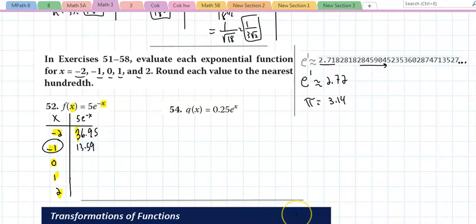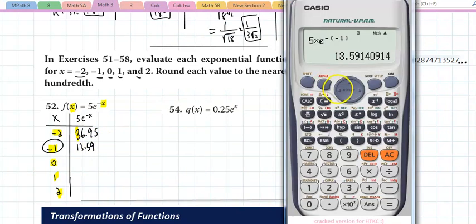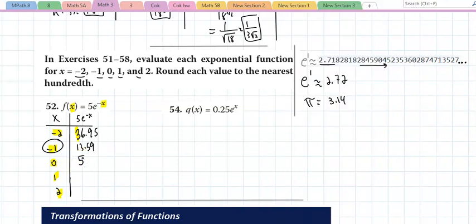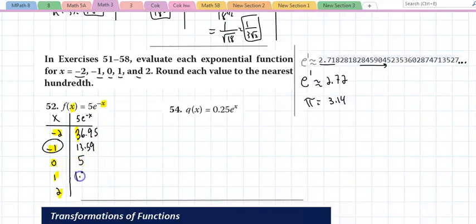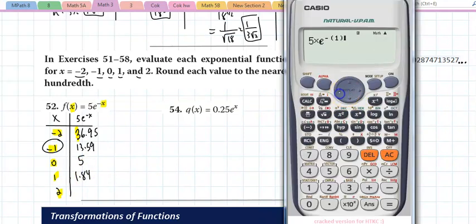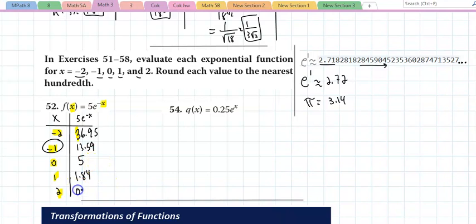0. A 5. A 1. 1.84. And 2. 0.68. All right, so that's how it works.